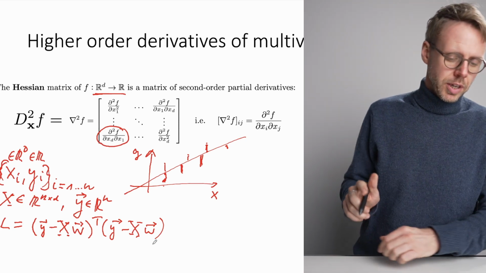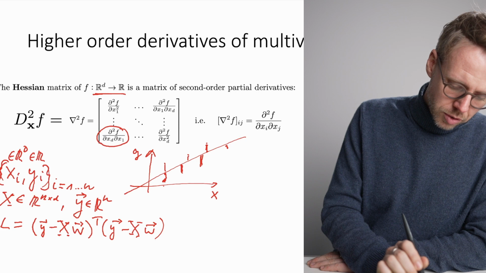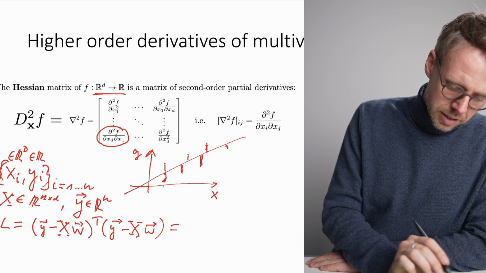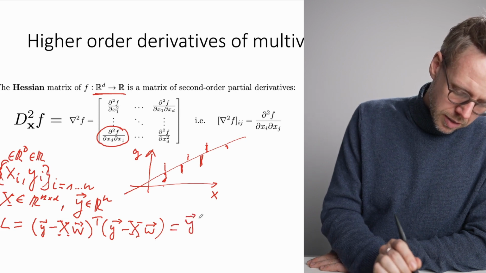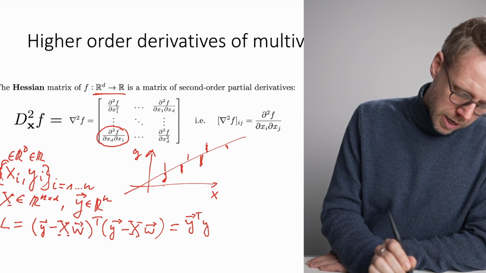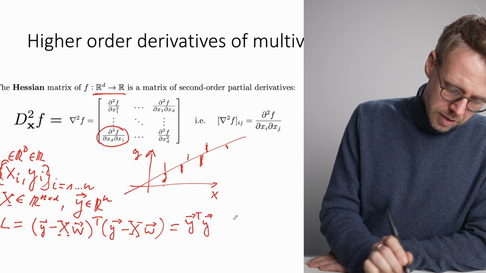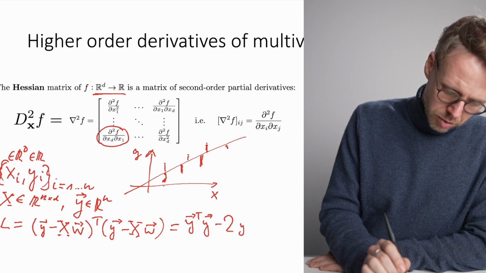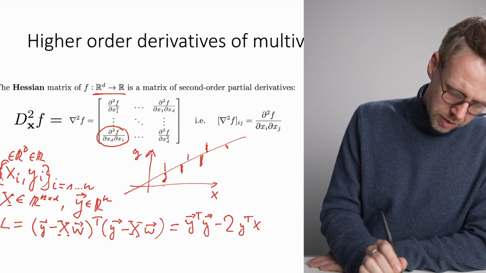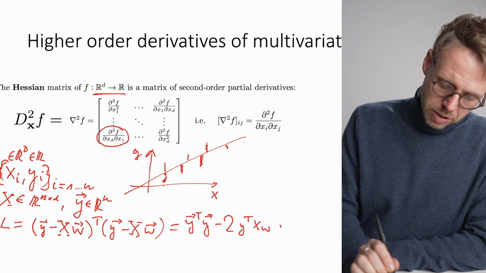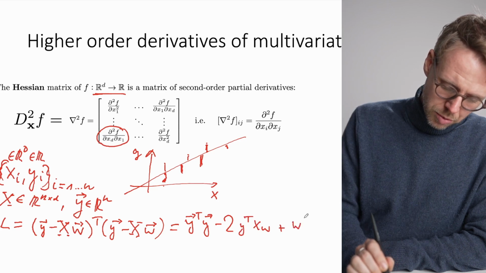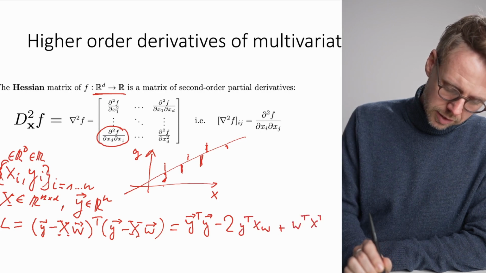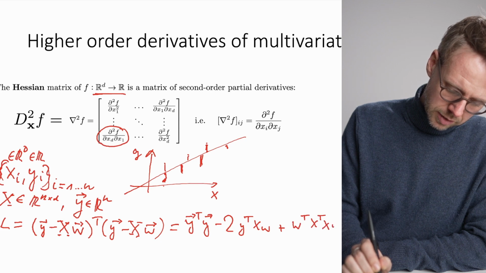And now we can compute the gradient of this function. So let's first simplify it a little bit. We first get y transpose y minus 2y transpose xw plus w transpose x transpose xw.